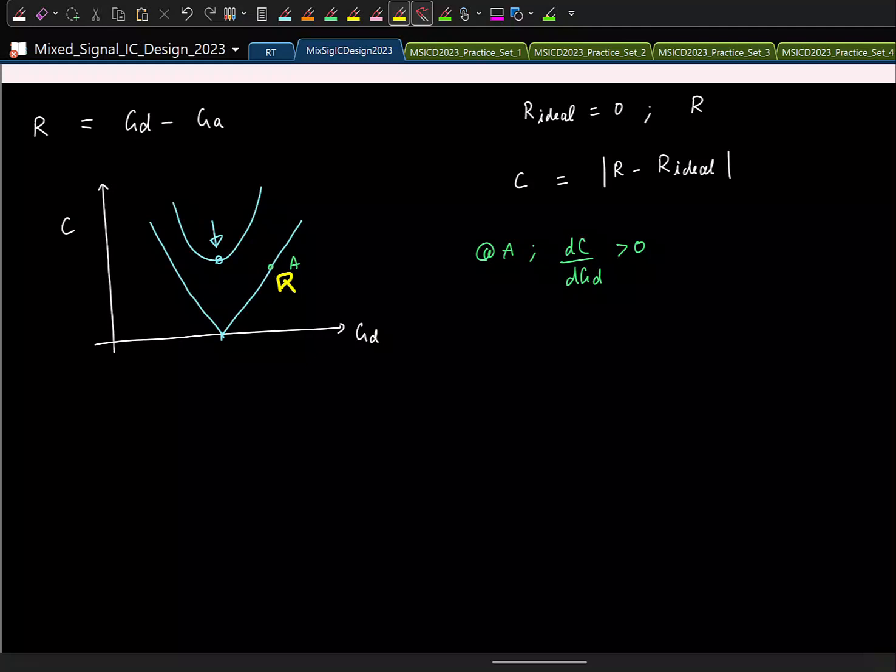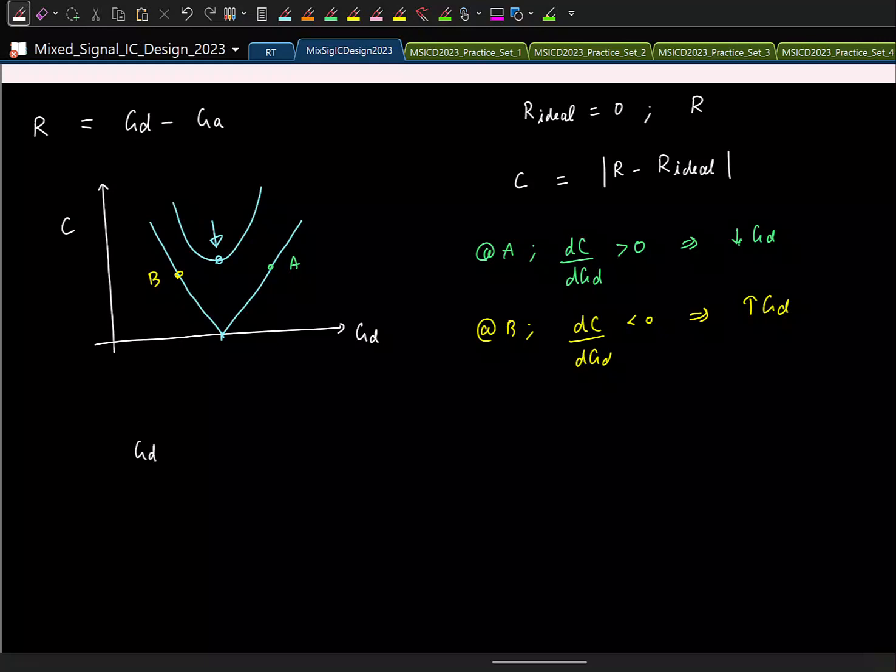Go down. You should decrease. So in this case, I should decrease GD. What happens at B? Opposite. So in this case, I should increase GD. This obviously gives you a straightforward way to update your estimate.